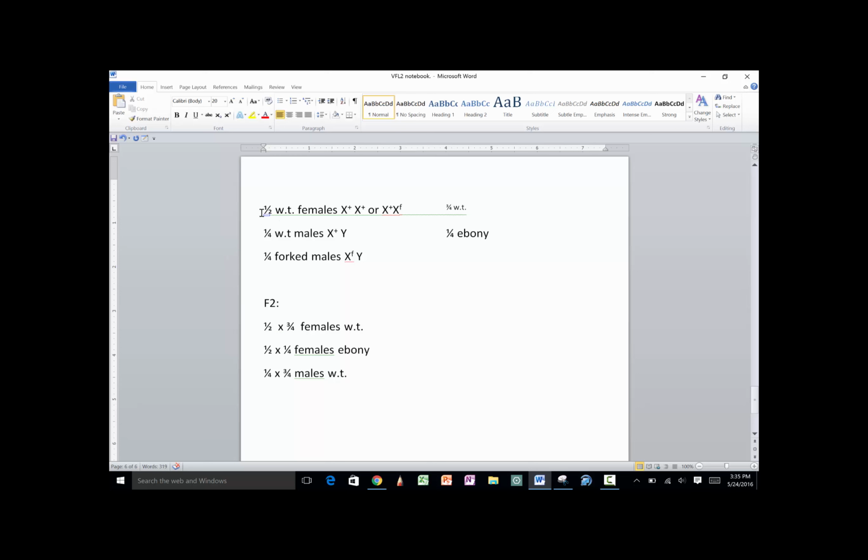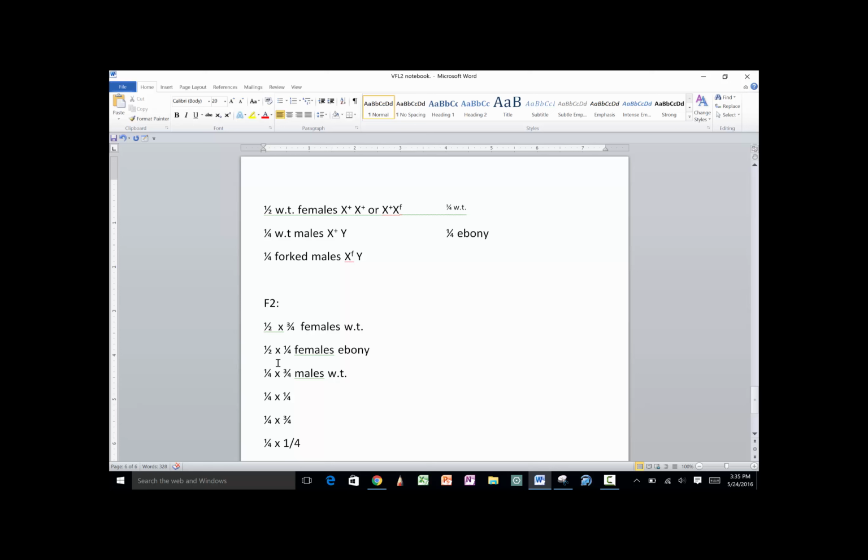So we're just saying 1/2 are wild type females, 1/2 are females that are wild type for forked, times 3/4 wild type for ebony. 1/2 times 3/4. 1/2 times 1/4. 1/4 times 3/4. 1/4 times 1/4. Then we're going to have another one, 1/4 times 3/4. 1/4 times 1/4. It's a little confusing. It's hard to do showing this. So this 1/4 times 1/4 was wild type males.